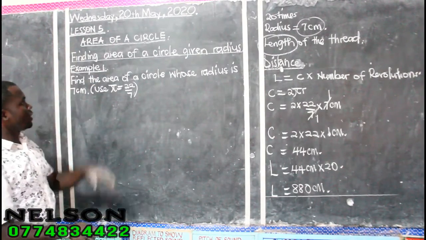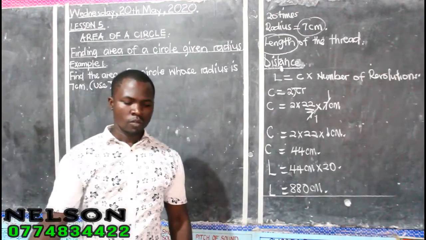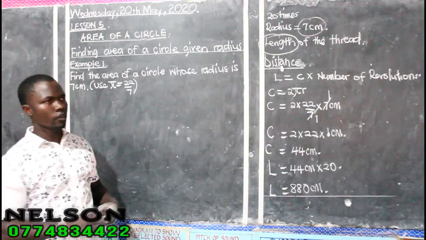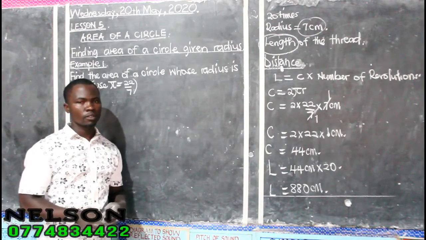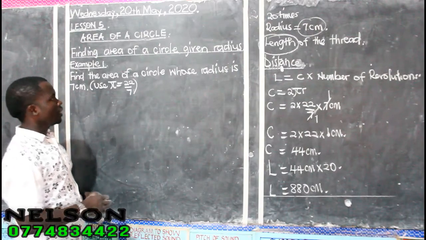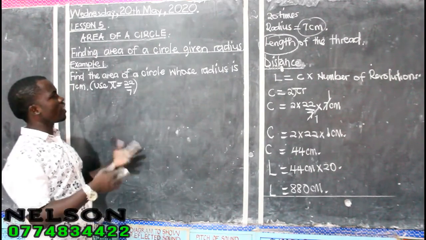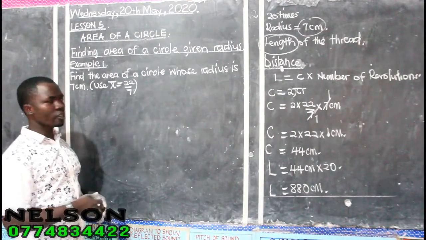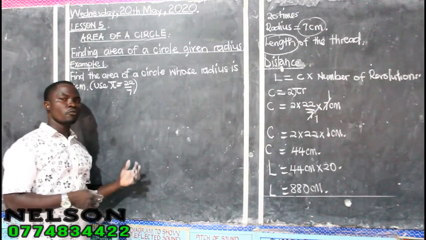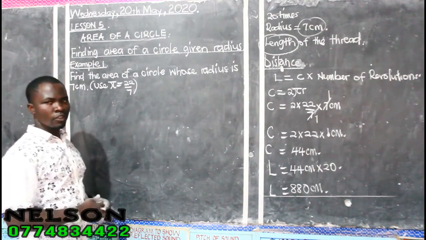We're going to look at the area of a circle. In P6, we looked at how the formula of the area of a circle is derived, and we are just now going to add something on that, and we shall not go to deriving the formula from the beginning up to the end.